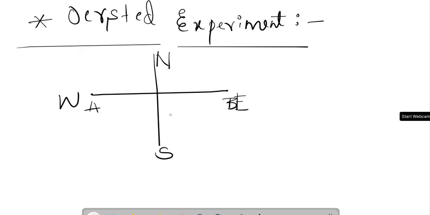Am I right? If current is moving from point A to B, the north pole of the magnetic needle is deflected towards the west direction. Let me write again.